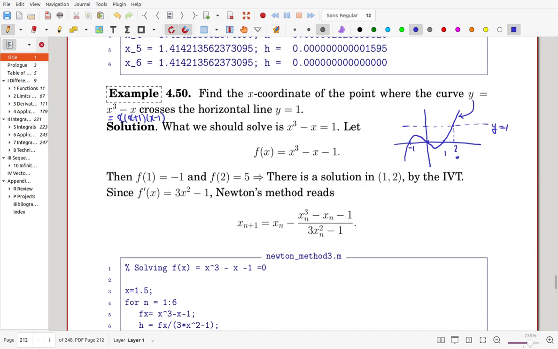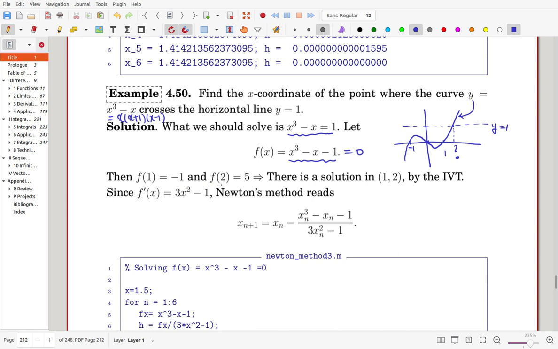So we have to solve that equation by moving 1 to the other side. We define this as f of x, then we have to find the root of f. Once x equals 1, the value of f of x is minus 1.